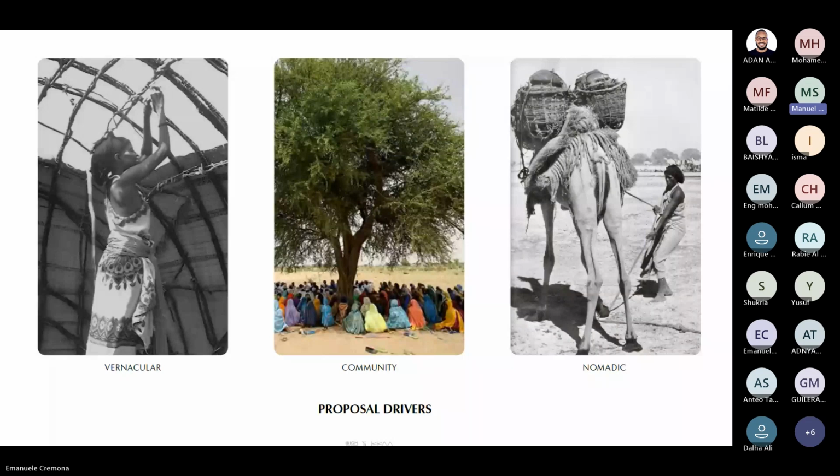It is important to say that this design answers to the very early stages of an emergency. It is not intended for staying a long time, but for solving a short-term problem. Can we go to the next, please?